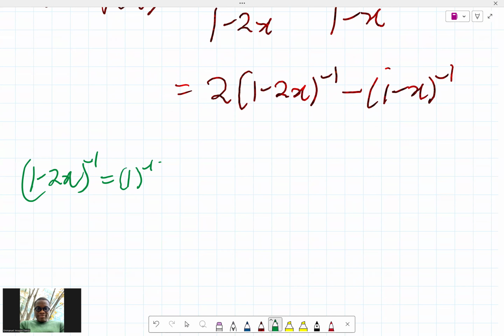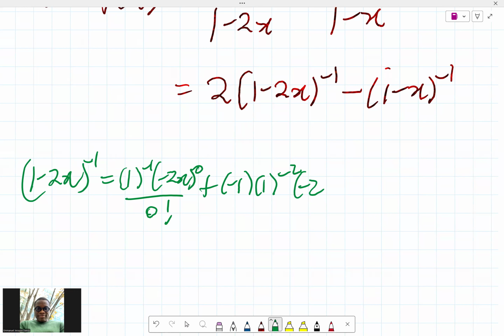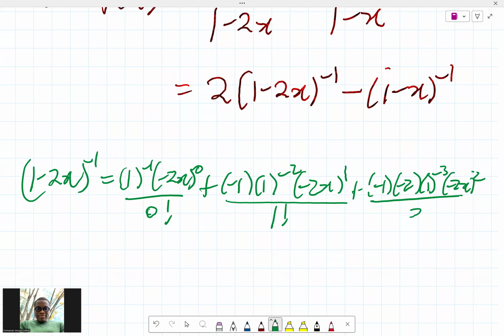So this is 1 raised by minus 1, minus 2X raised by 0, divided by 0 factorial, plus minus 1 raised by minus 2, that's minus 1, minus 2X raised by 1, all over 1 factorial, plus the next one, that's minus 1 minus 2, 1 raised by minus 3, minus 2X raised by 2, all over 2 factorial, and all of that goes on like that.